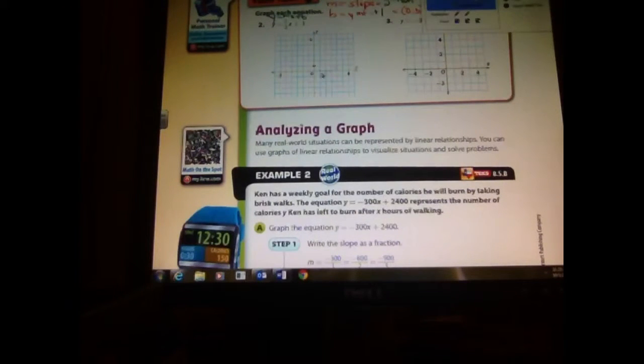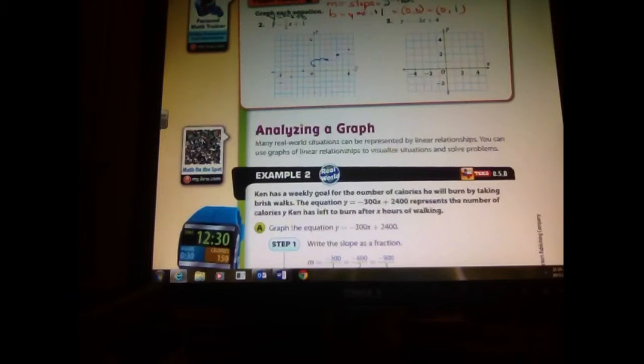I'm going to start at my point (0, 1), and I'm going to put a dot. And then I'm going to do rise 1, run 2, and put a dot. Rise 1, run 2, and put a dot again. I went up and to the right, so I can do the opposite of going down and to the left, down 1 to the left 2.